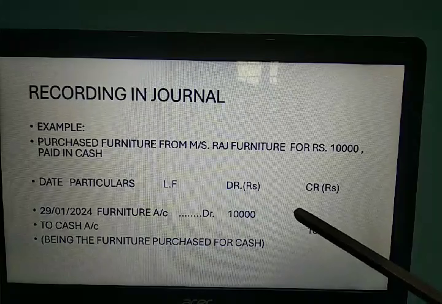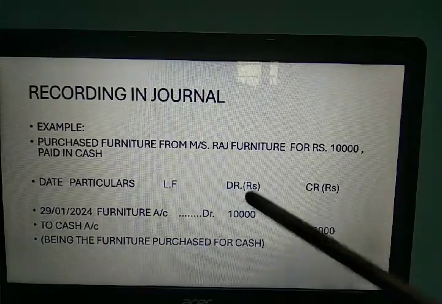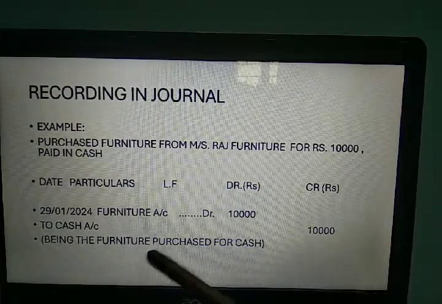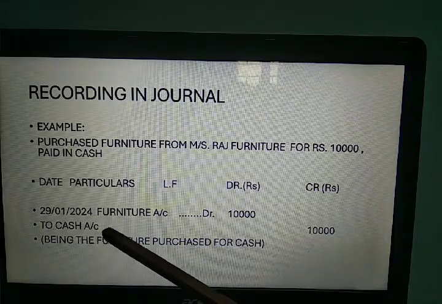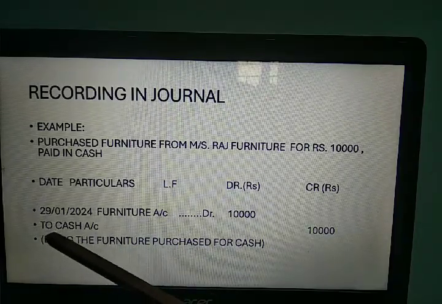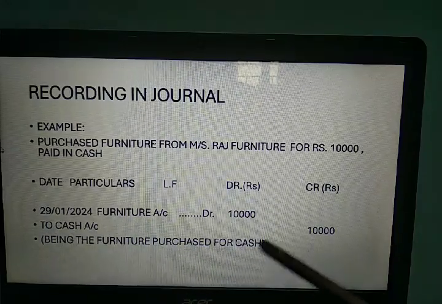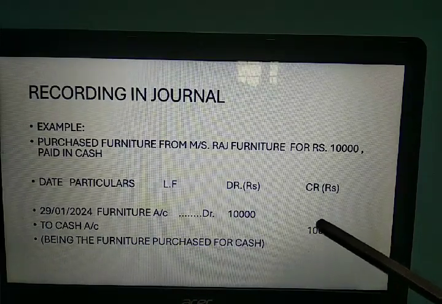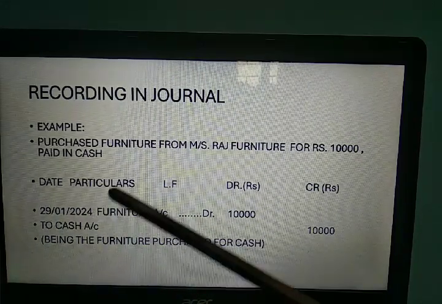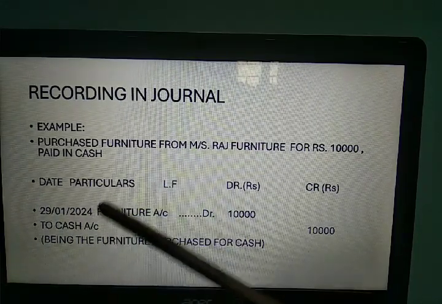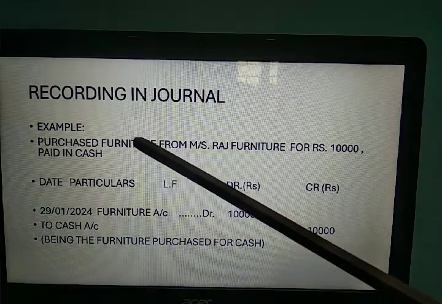You see that two columns are there, debit and credit. So in debit we write 10,000, and for the corresponding cash account, here we do not write credit, 'To' means you always have to assume that it is a credit, but the corresponding figure will be 10,000. Now next, suppose in your books of account this is the entry.